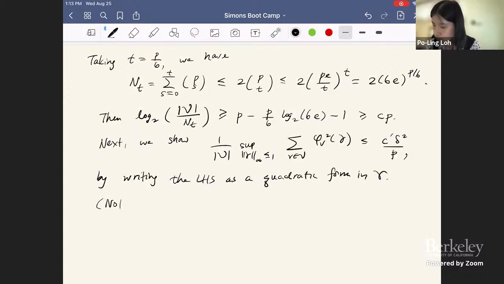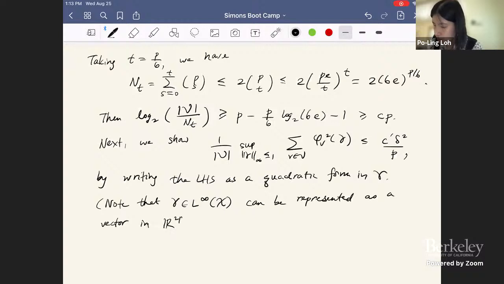What's gamma? Well, gamma is a function. Note that gamma, which is a function defined on script X, can be represented as a vector in R to the 2p.